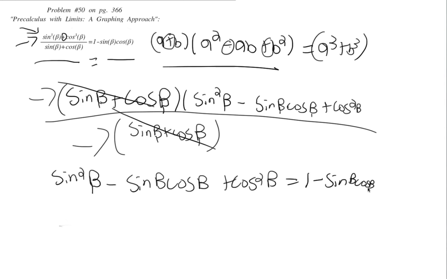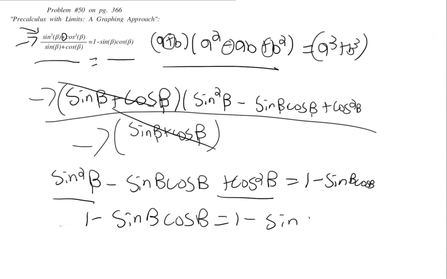Since we know through the Pythagorean identities that sine squared beta plus cosine squared beta is 1, we can rewrite the problem as 1 minus sine beta cosine beta equals 1 minus sine beta cosine beta. As you can see, both sides are equal.